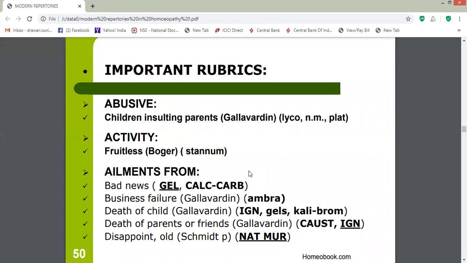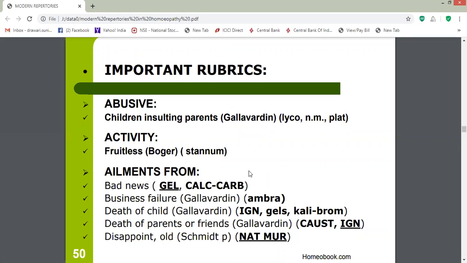So abusive, children insulting parents, Gallaverdin. Abusive is an important rubric which we found in this repertory, and in front of that Lycopodium, natrum mur, platina were given. Then activity fruitless was taken from Boger and Stanham's work.